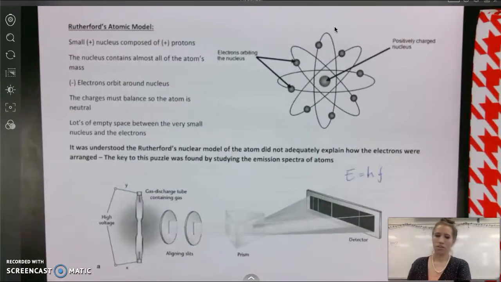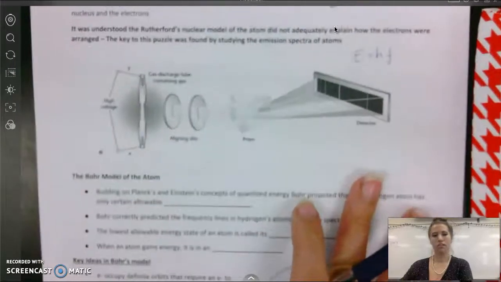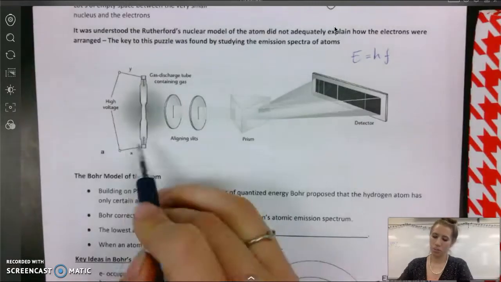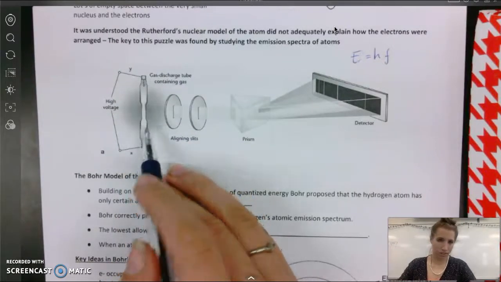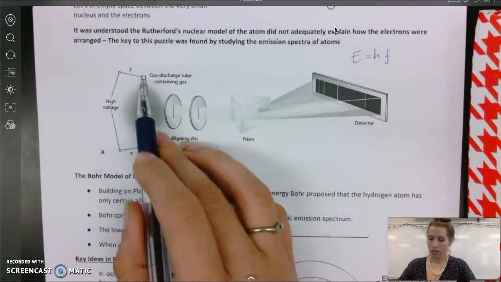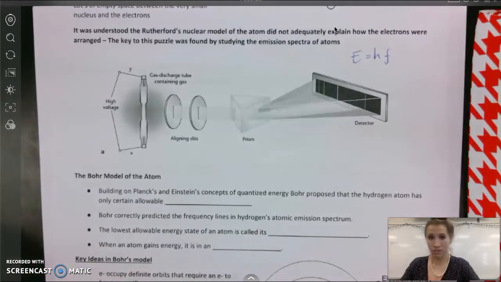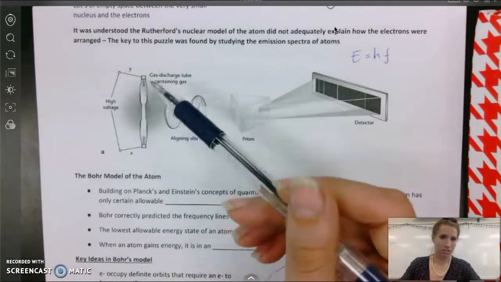Okay, so another experiment. We have these tubes filled with different gases of different elements. And we have a way of connecting these tubes to high voltage. So we're going to be supplying a whole bunch of energy to the atoms contained in this gas.